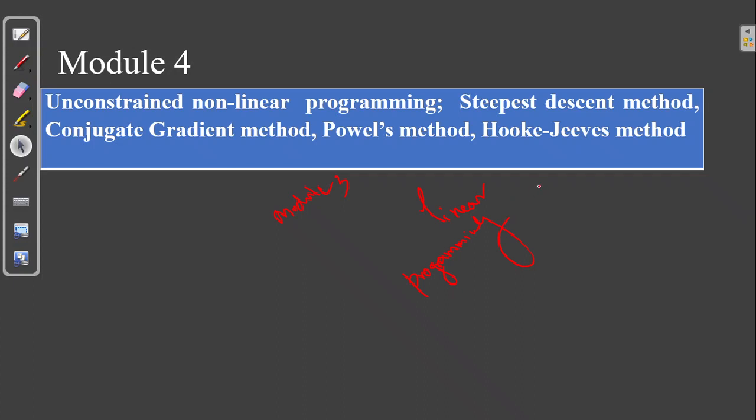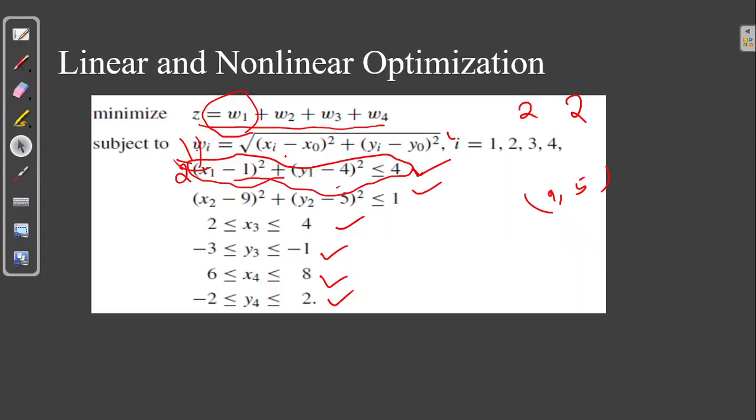So linear optimization problems we will discuss later. First of all, we will discuss non-linear programming or non-linear optimization, like the previous model, and in that we are discussing unconstrained non-linear programming. In the previous example we introduced some constraints, right? 7 constraints we introduced.